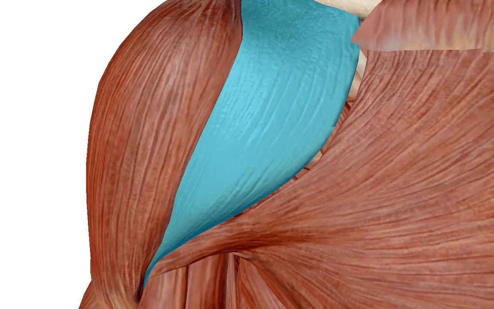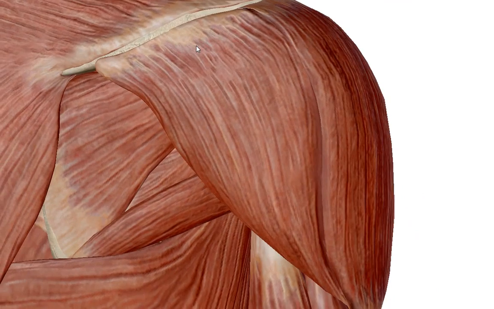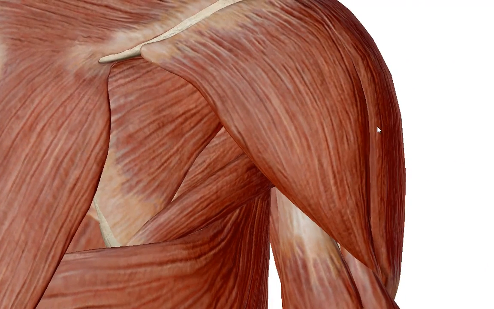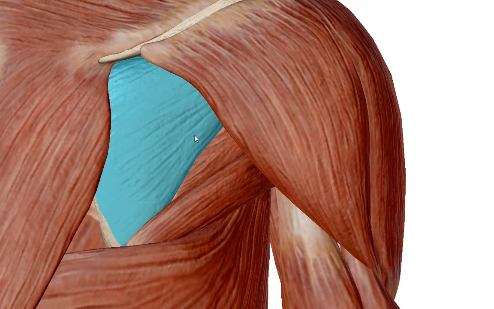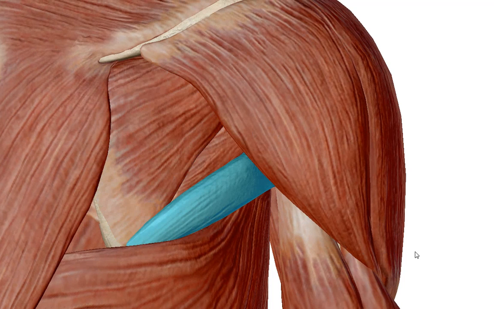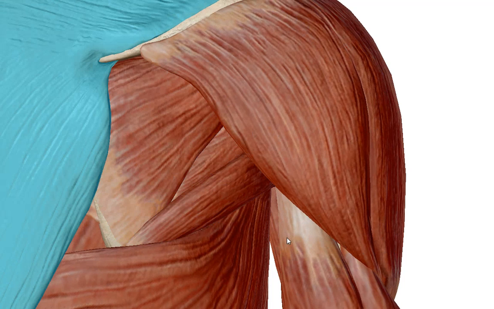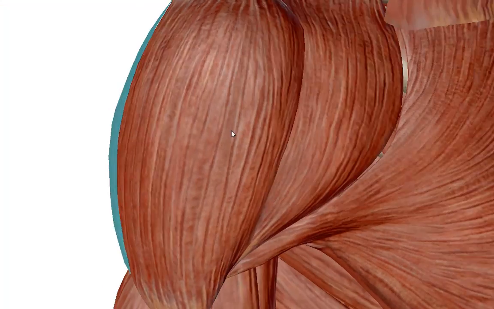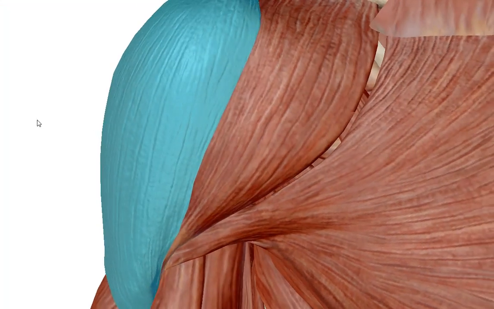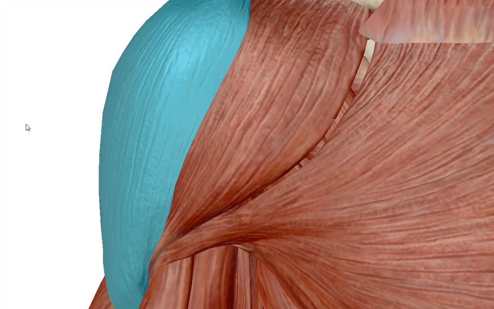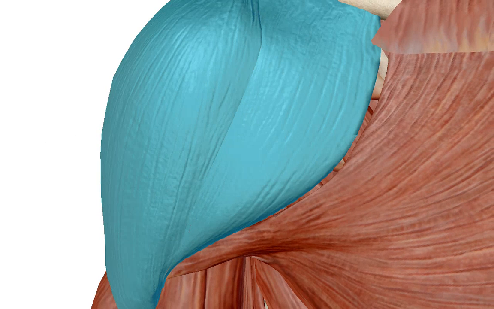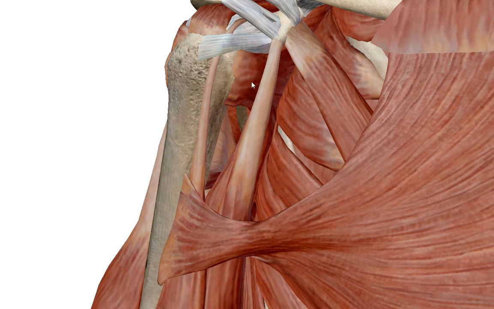So from the surface, the top 2 muscles that will show up are the infraspinatus and the teres major. We have the trapezius, the latissimus dorsi, and the deltoid. So these are mainly the muscles of the shoulder. If we hide these, we have the subscapularis. It's not going to show up.